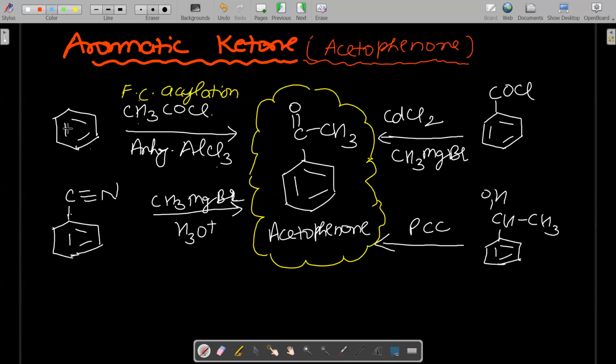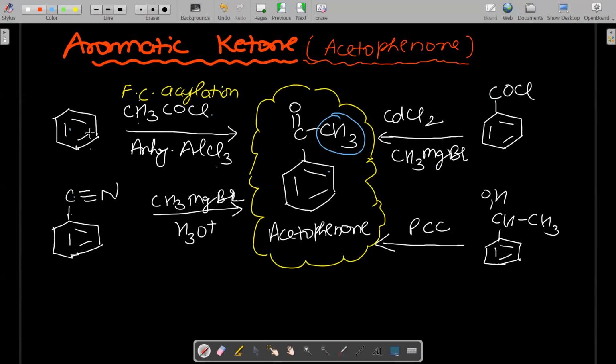Benzonitrile to acetophenone uses Grignard reagent, that is CH3MgBr, followed by hydrolysis. So the CH3 group attaches to the carbon and C=O is formed, and this carbon is converted into ketone. Similarly, benzoyl chloride to ketone uses cadmium chloride.